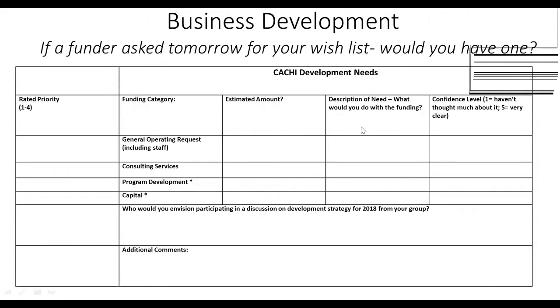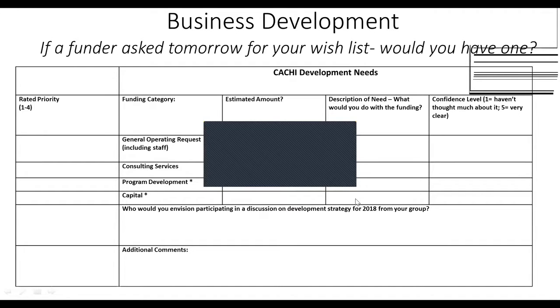And then the far right column is your confidence level. So yeah, we've thought a lot about this. We've talked about it, and we actually want to pursue this. That would be considered pretty confident. You know, no, I have no idea. I haven't really thought about this very much, but this is probably what my gut is saying today. That would be on the low confidence.